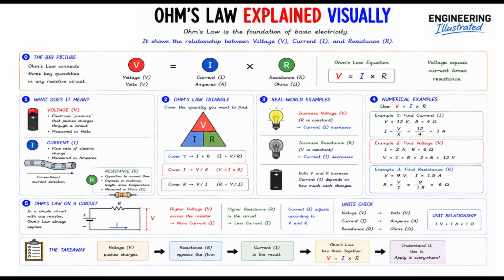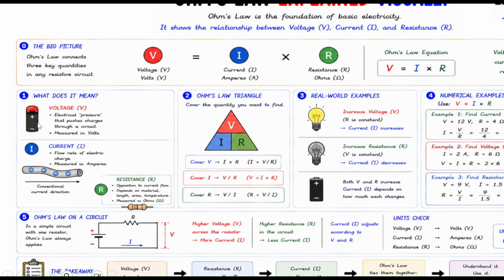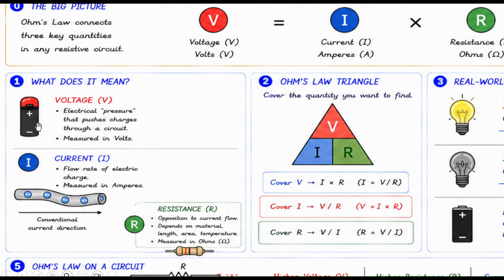So what does it mean? Let's look at what each of these three fundamental quantities in electricity is. You can think of the voltage as the pressure that pushes the charges through a circuit. So the higher the voltage, the bigger the pressure.